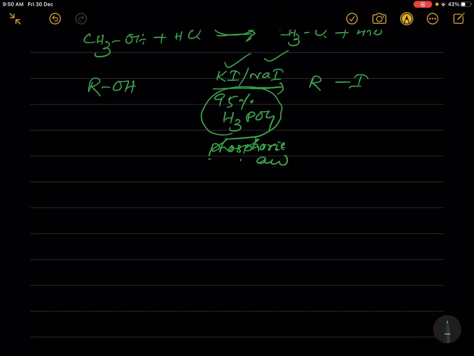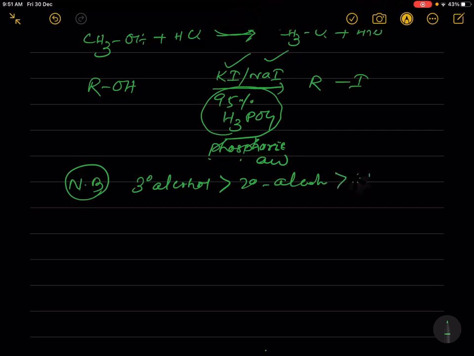So here we can get a conclusion: tertiary alcohol is more reactive than secondary alcohol, which is more reactive than primary alcohol, with a given halo acid.